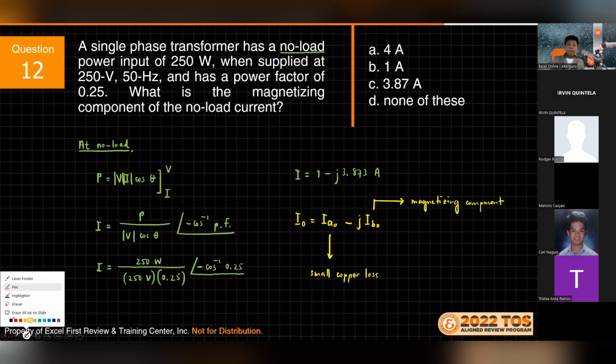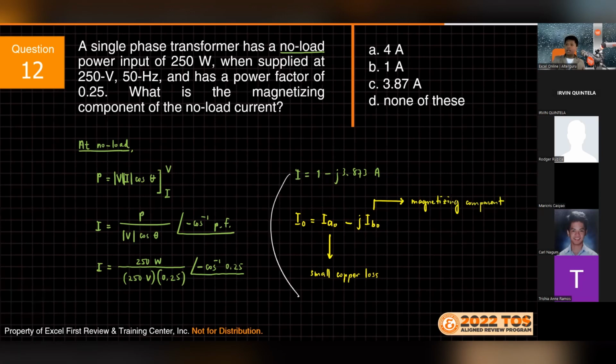Sa context ng problem, ang current natin dyan is 3.873 amperes. This is the magnetizing component. Okay?